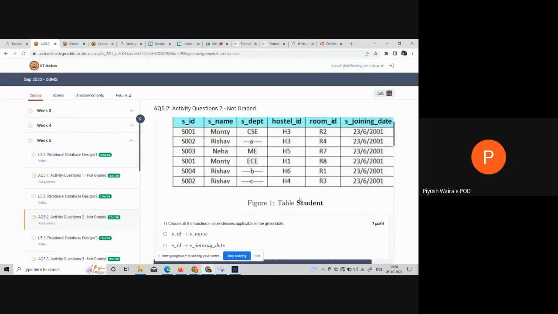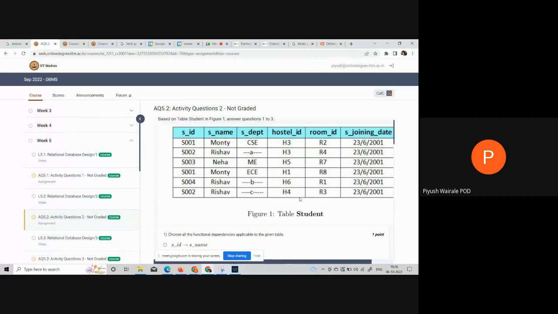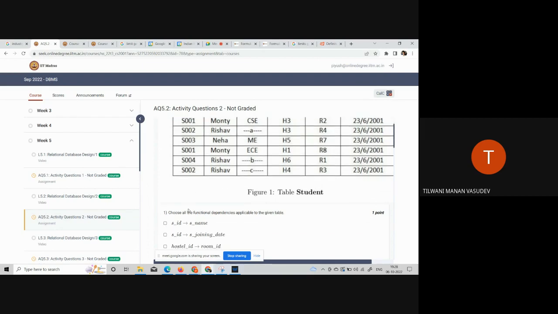So first one is SID determines S name. Can you check whether it is holding in the table student or not? SID determines S name, right?